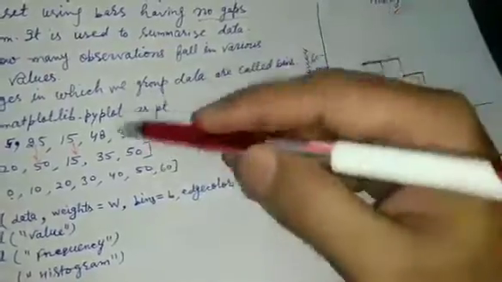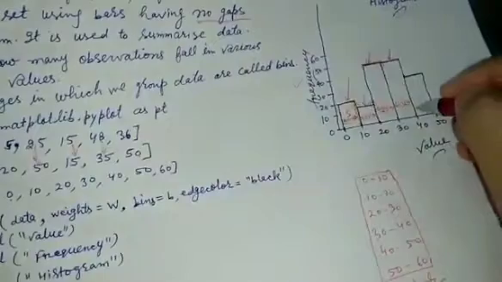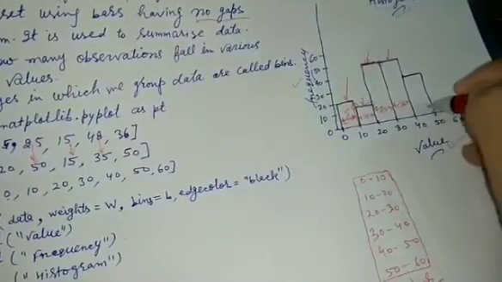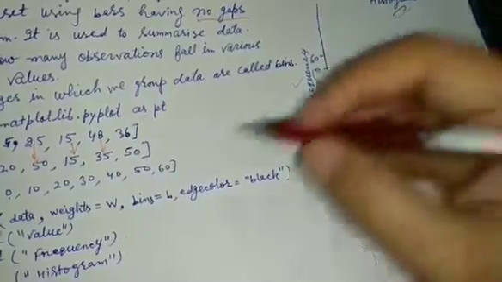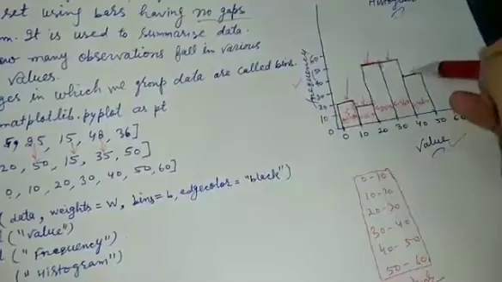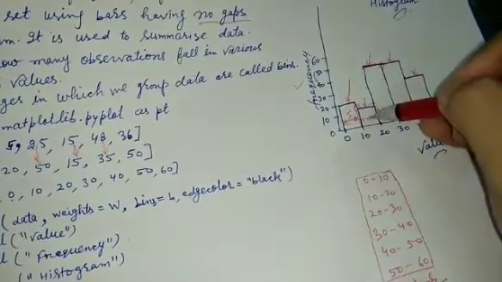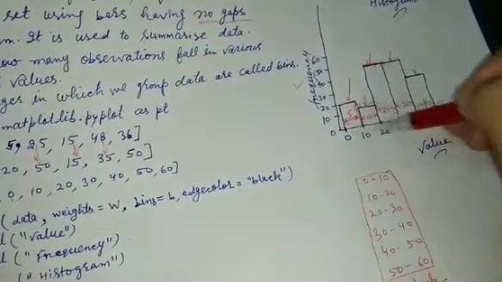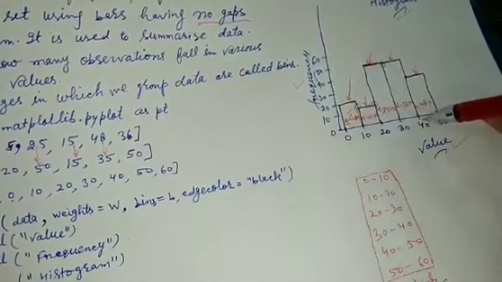For the next value, 48 will come into this category, 40 to 50, and for this value you have width as 35. Okay, so this is how values, width and bins, these three things make the histogram.